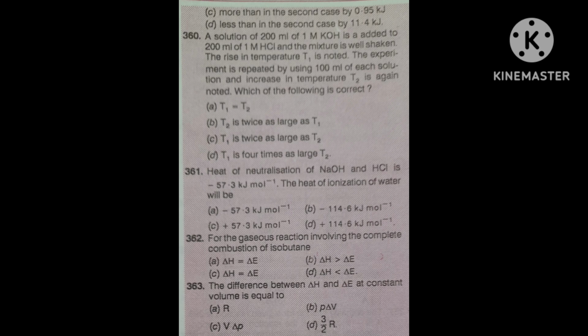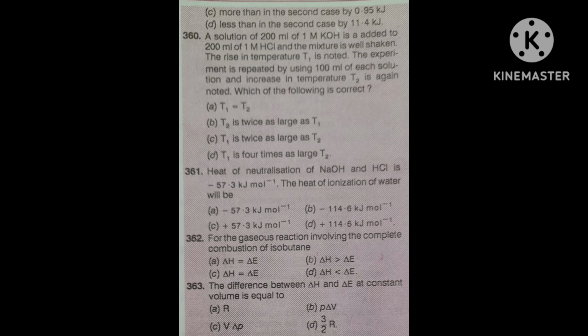The main reaction is between OH ion and H ion, or you can say H plus ion plus OH minus ion forms H2O. And for this reaction, delta H value is given as minus 57.3 kilojoule.